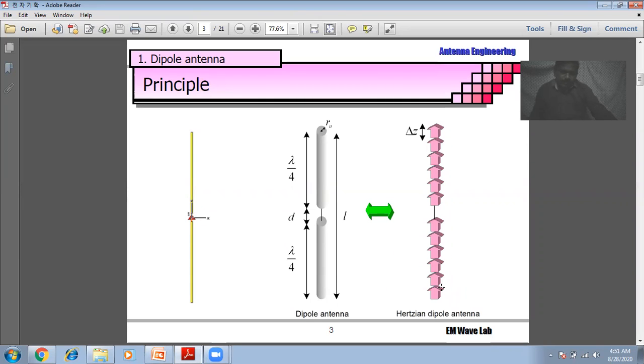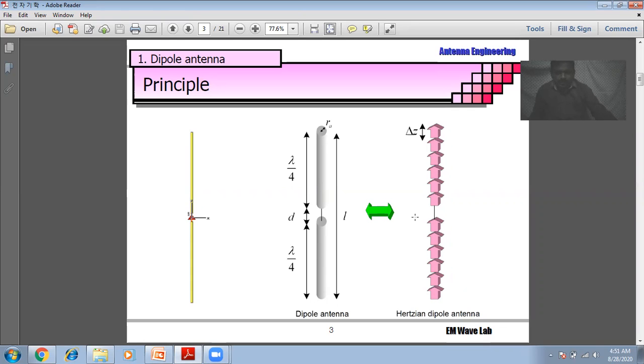Now in the coming unit, in the second unit, we will see the radiation resistance of this current element, the other name of which is the Hertzian dipole. What is its value? That will be seen in unit 2.